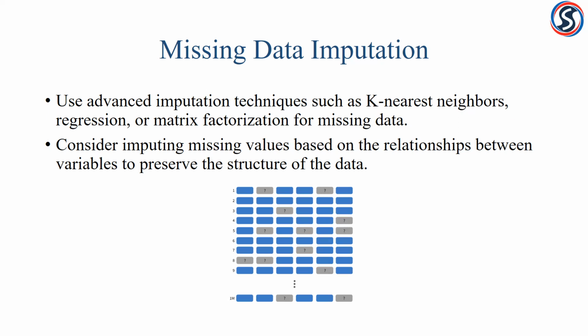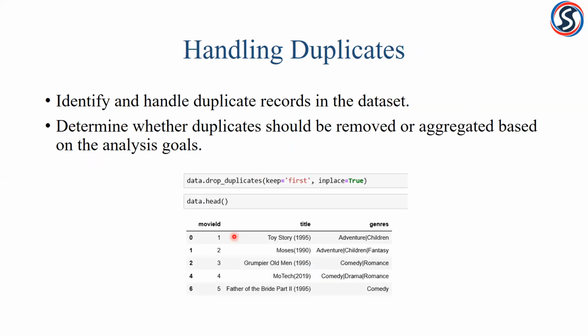For example, duplicate values are something like, let me show you in this slide. The same value. Do we have any duplicate value here? Right now, I don't have any duplicate value.